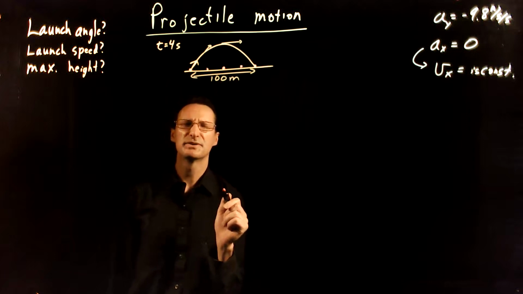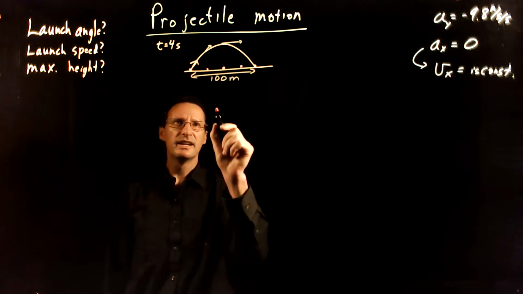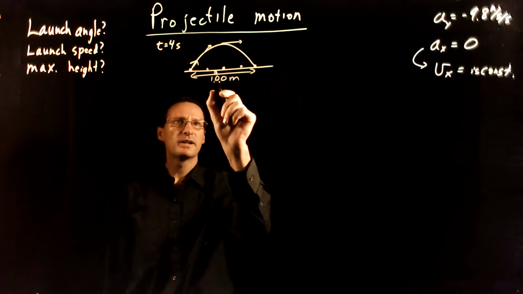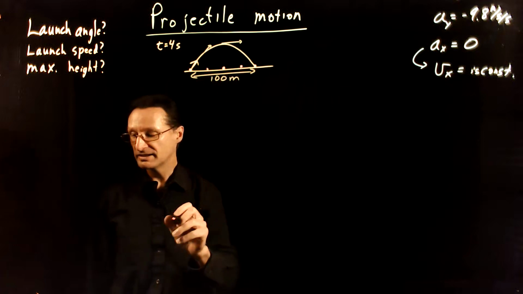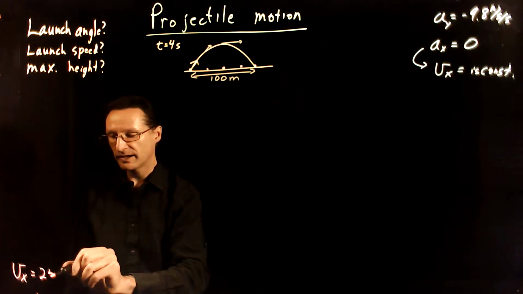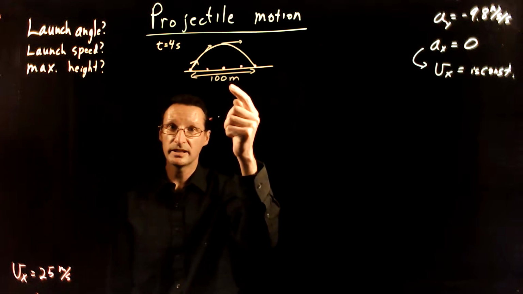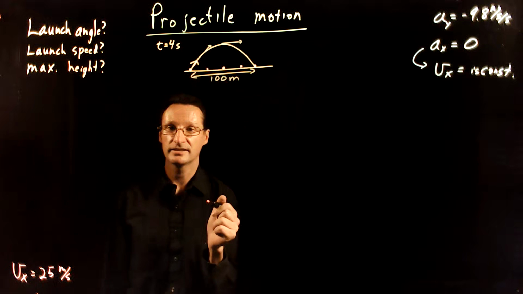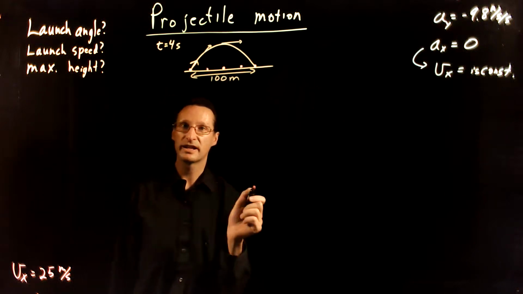You notice that these are equal time intervals. That means it must have traveled 25 meters in each of these seconds. That means the velocity in the x direction must be 25 meters per second. I got that by just taking 100 meters and dividing it by 4 seconds. All right, so that helps us get a handle on the horizontal motion.